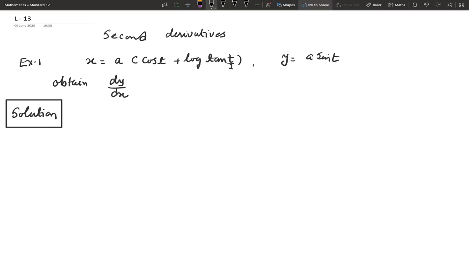Solution. First you observe that x is given as a function of t, x equal to a into bracket cos t plus log tan t by 2. So x is a function of t. Similarly, y is a function of t.